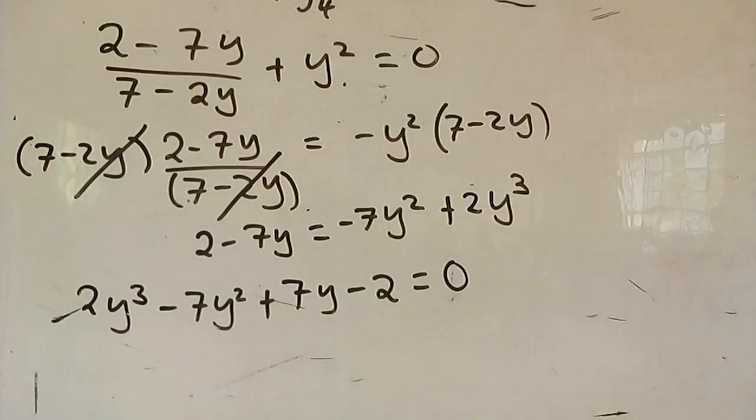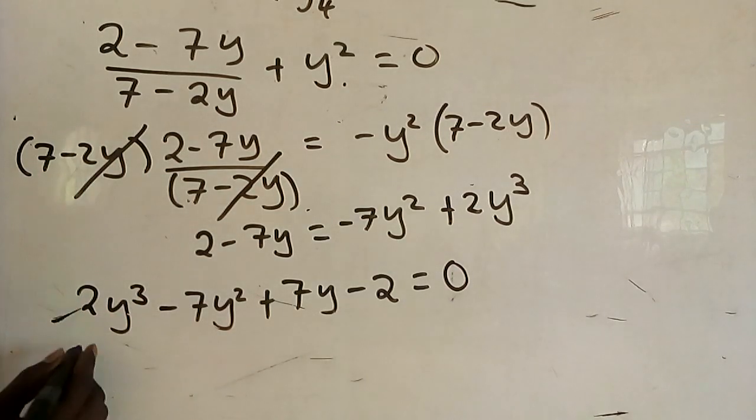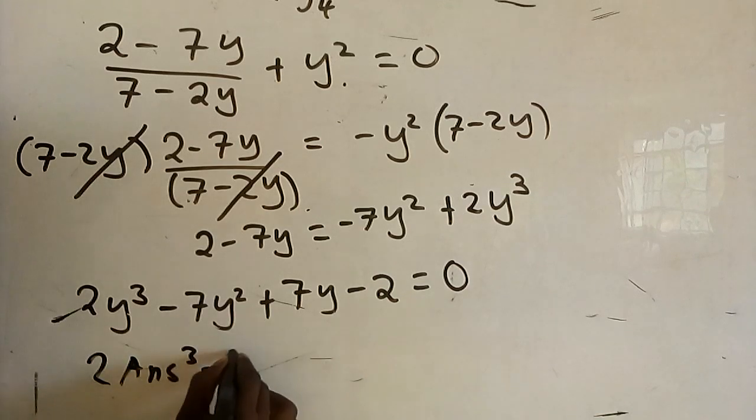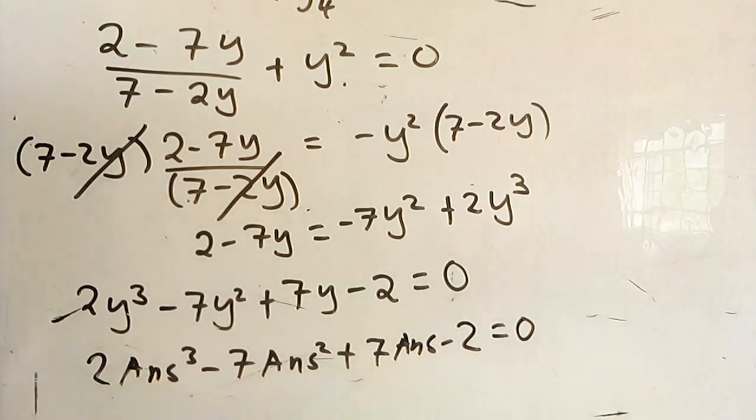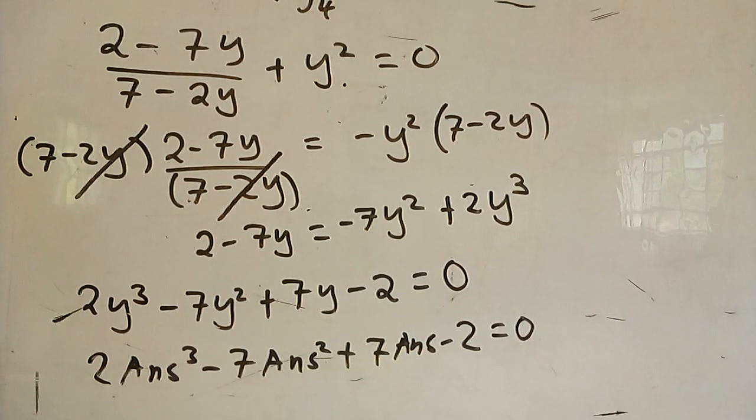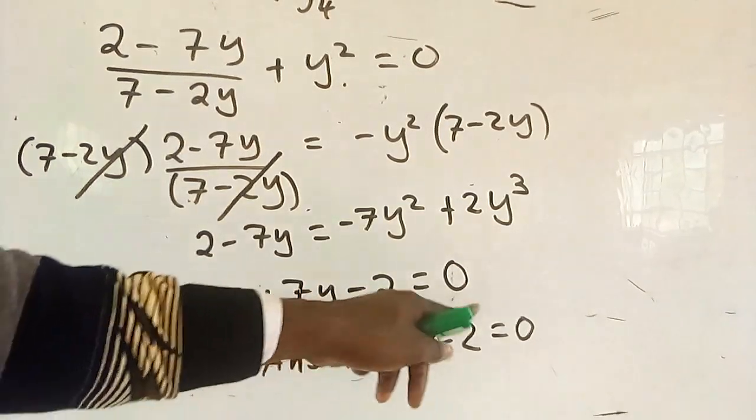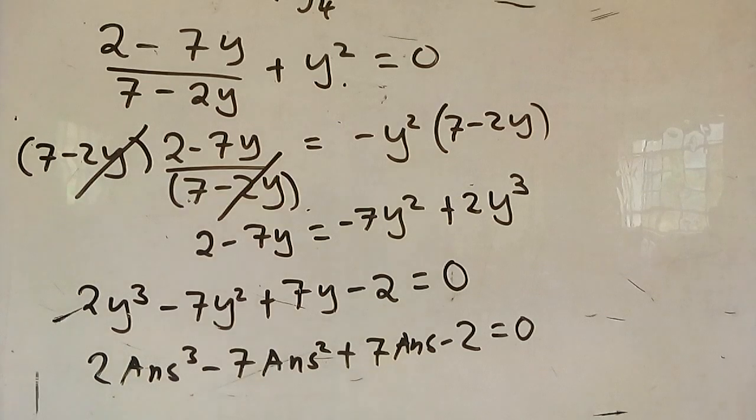On the calculator, you type 1 equals, so that 1 becomes the answer. Then you put in 2 answer cubed minus 7 answer squared plus 7 answer minus 2 and press equals.